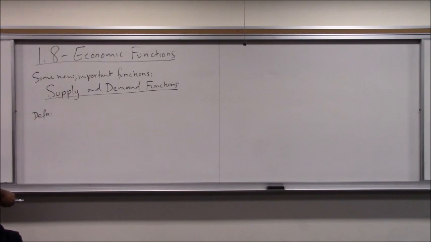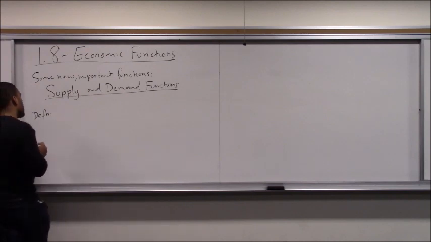So these are functions that deal with the price of a certain product and the quantity of that product being produced. They both deal with those variables, but they do it from a different perspective.